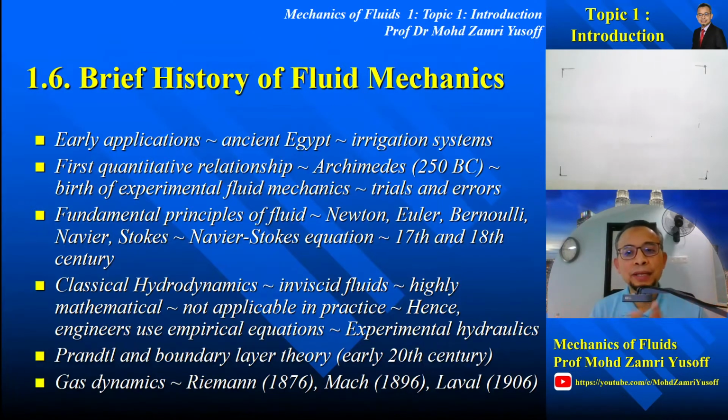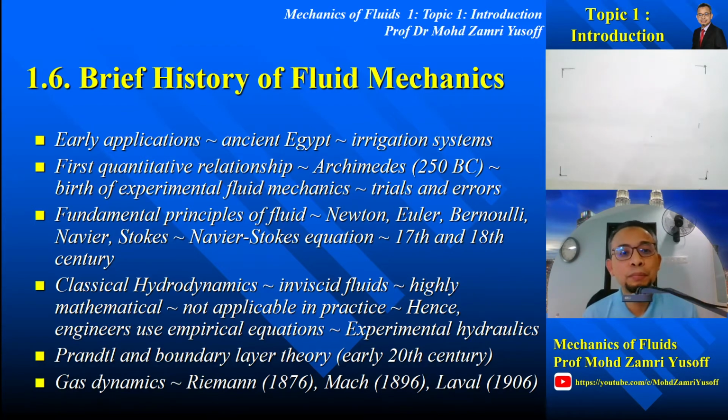Now let us briefly look at the history of fluid mechanics. The early applications of fluids can be traced back to the ancient Egyptians, who built irrigation systems for the plantation of crops. And then the first ever equations or quantitative relationships were derived by Archimedes, about 250 BC.